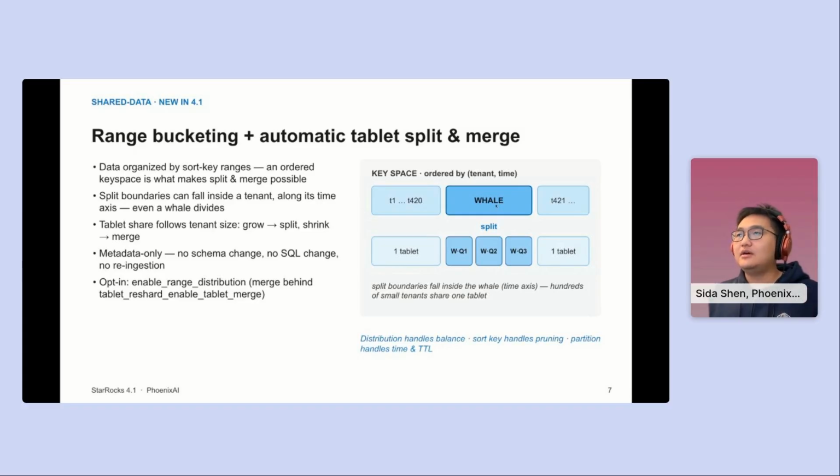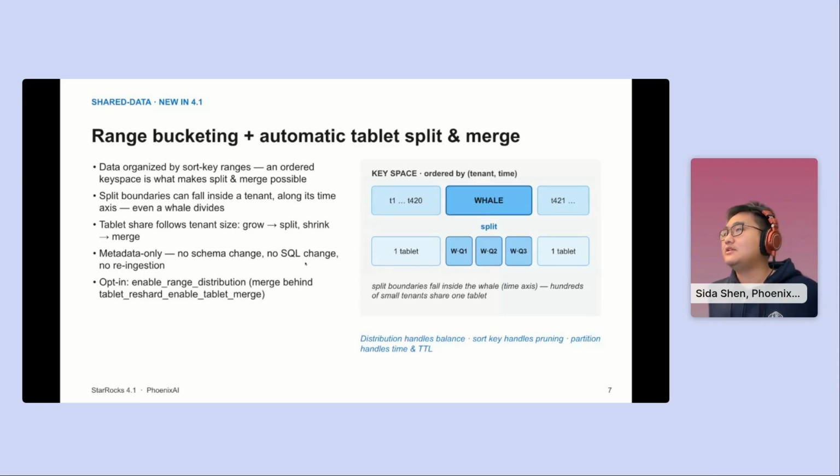It has a lot of data, but probably in the beginning it doesn't have that much skew going on, right? It has like two tablets, but it grew exponentially, a lot more than the other clients. So it suddenly got more data, and StarRocks 4.1 is able to automatically split those tablets into smaller ones, right? So this way you don't get the skew, but you also don't have to open every single tablet as you're just querying a few tenants, right?